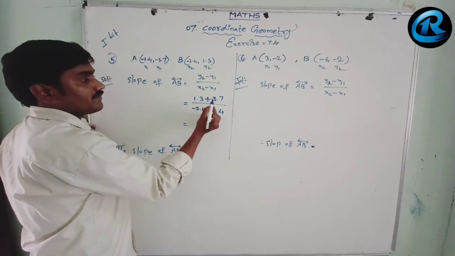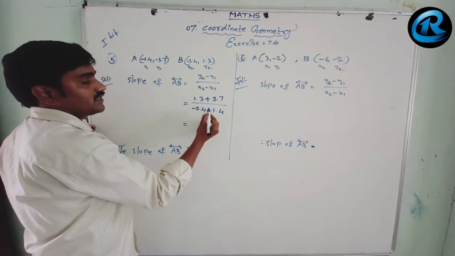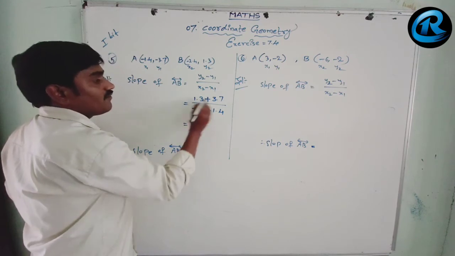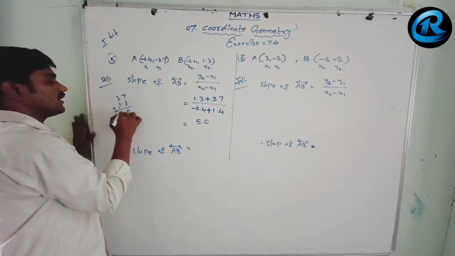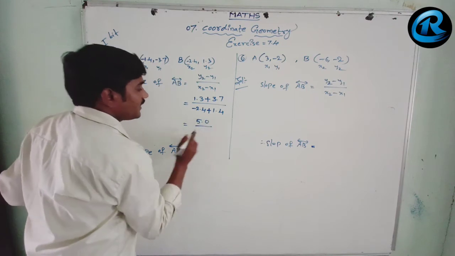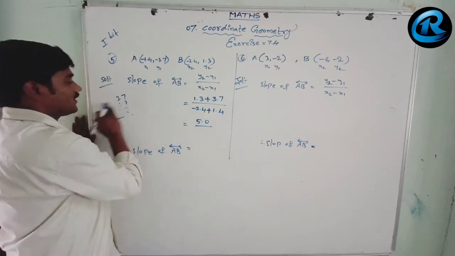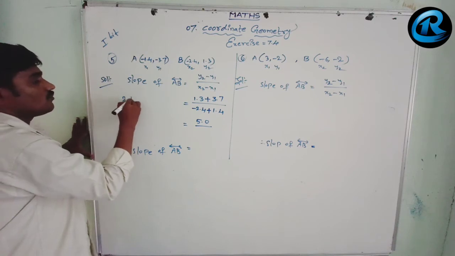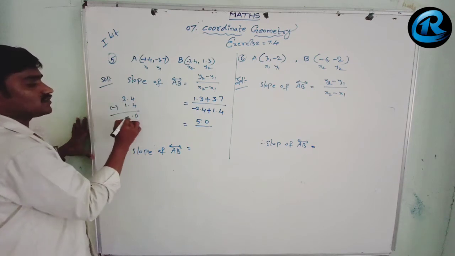Now let us do it here. 3 plus 7 is 10, 1 carry, and 3 plus 1 is 4, plus 1 is 5. So 1.3 plus 3.7 gives 5.0, over minus 2.4 plus 1.4. Subtract: 4 minus 4 is 0, and 2 minus 1 is 1.